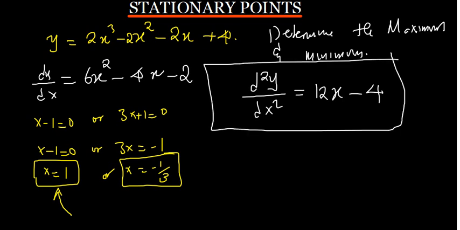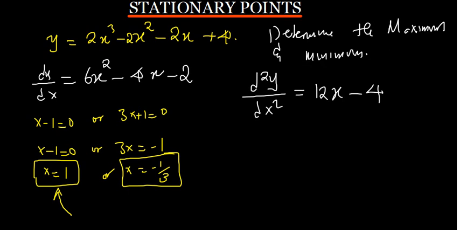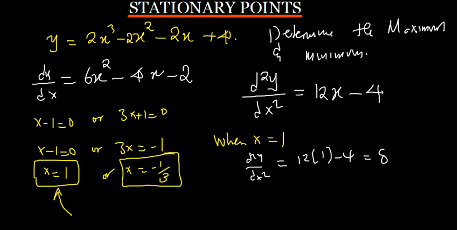Now what you are going to be doing is you are going to be getting these values of x you put in there. So we are going to say when x is equal to 1, d2y over dx2 is going to be equal to 12. We are putting in this one, where there is x, we put a 1 minus 4. The answer is going to give us 12 minus 4, which is 8.